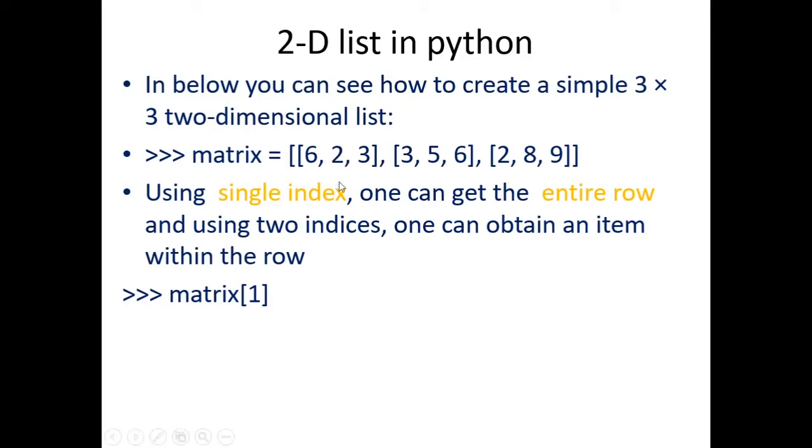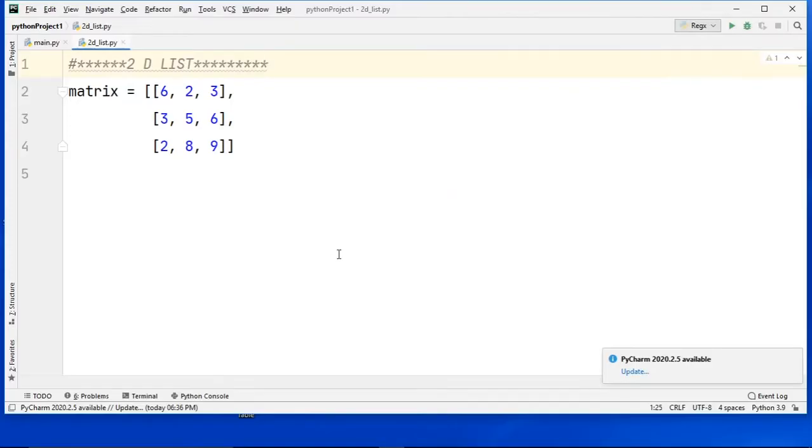If you type matrix 1, which element will be printed? Let us see. Here we can see that this matrix is a 3x3 matrix, which is a 2D list, and we have 3 rows and 3 columns.